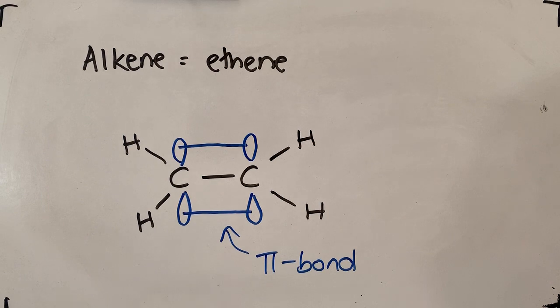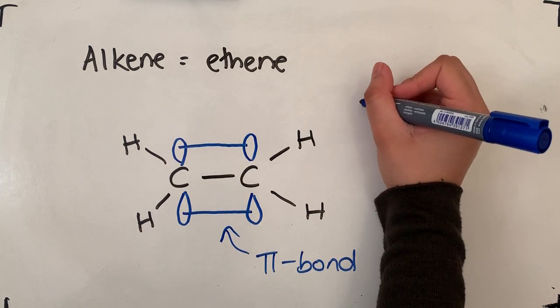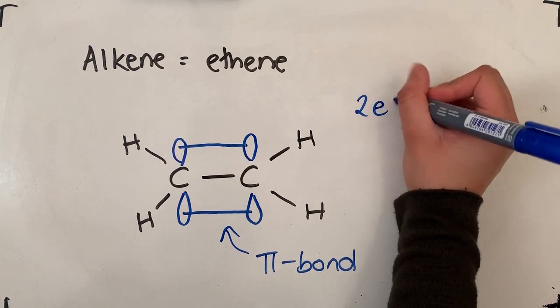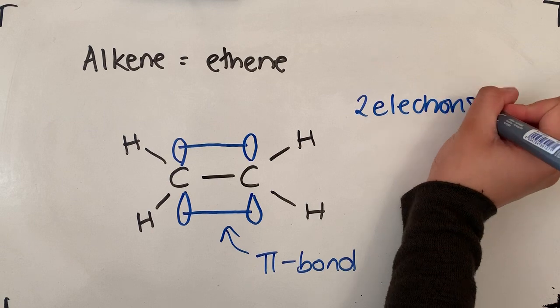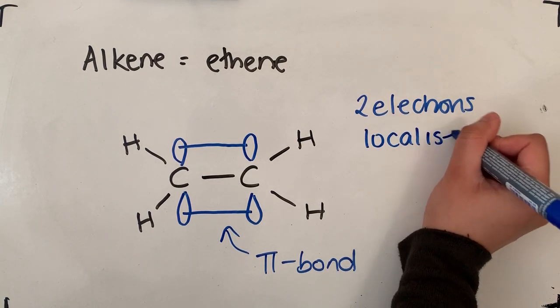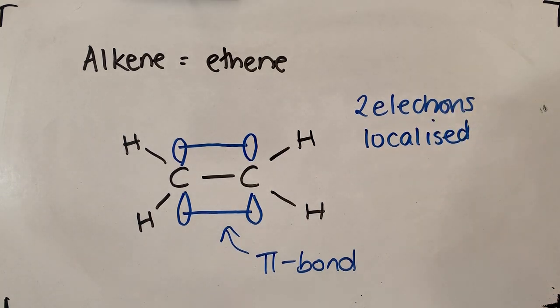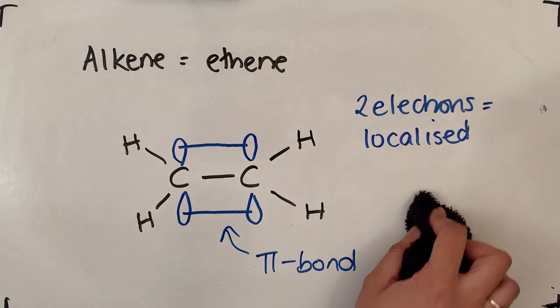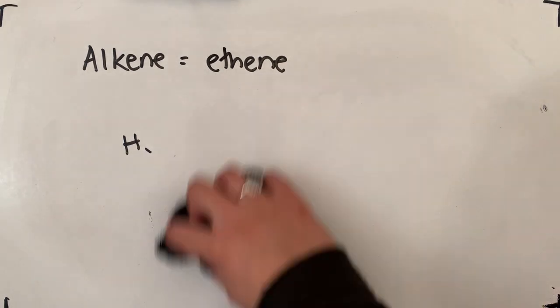So these 2 electrons can only be found between these 2 atoms, and therefore we say they are not delocalized, they are localized. So that's the structure of benzene and alkenes covered. Let's now compare their reactivity.